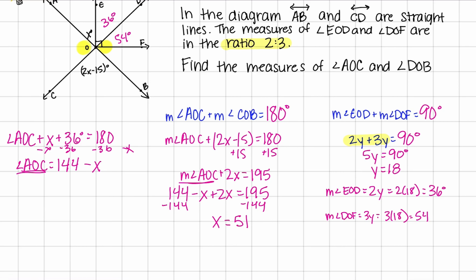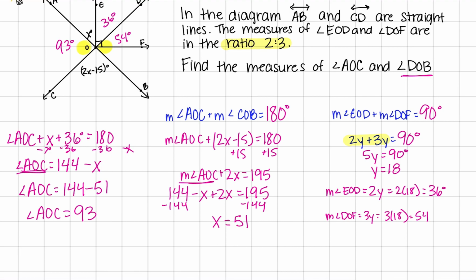All right, so then I'm going to come back over here and I'm going to plug in X. So angle AOC equals 144 minus 51. So angle AOC equals 93. So I got my 93 here. And now I'm trying to find angle DOB.